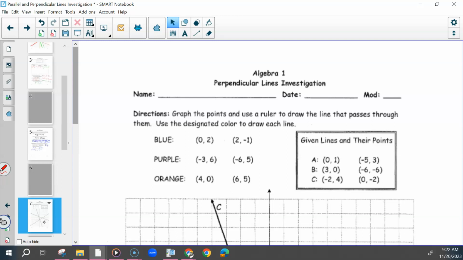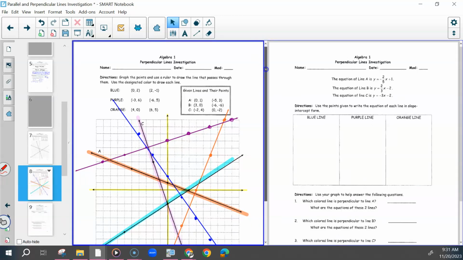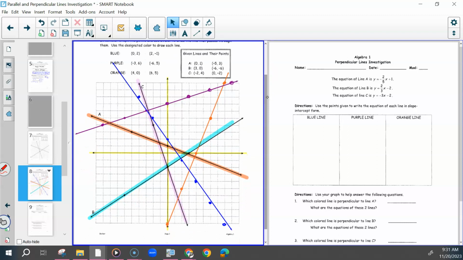Find your slope. Keep using that slope to create more points. Draw your line. Right. Your graph should look something like this, where your blue line has a negative slope, your orange line has a positive slope, and your purple line also has a positive slope. If you don't have these graphed, you can do that at a later time.